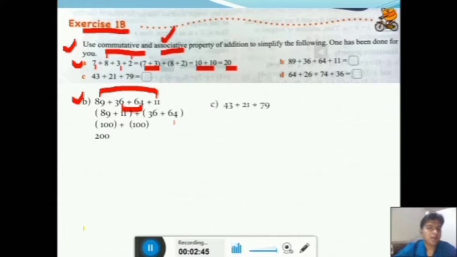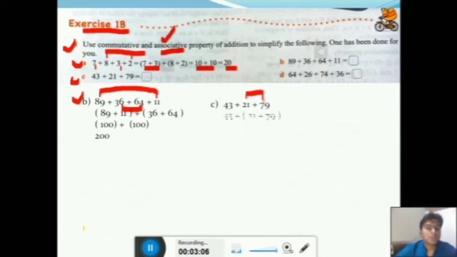Okay, now come to the next question. The question is 43 plus 21 plus 79. Now which numbers should we choose here? We have to choose 21 and 79. Why? Because when we add 21 and 79, we will get 100.